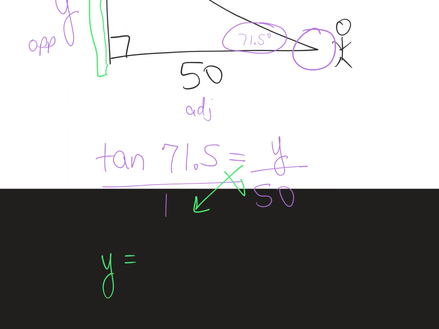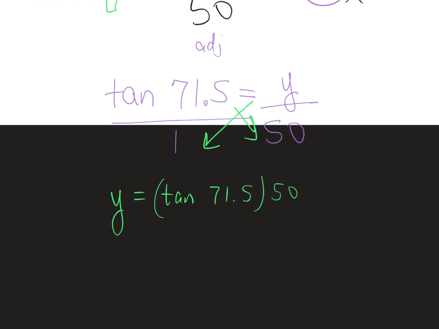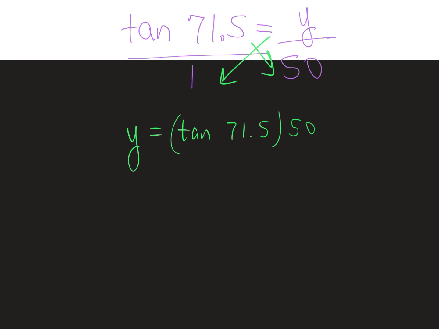Y. And then I have the tangent of 71.5 times 50. Is y all by itself? Yeah. So in your calculators right now, guys, hit tangent 71.5 times 50, or 50 times tangent 71.5. What do you get? 149 point, okay, 4 something.